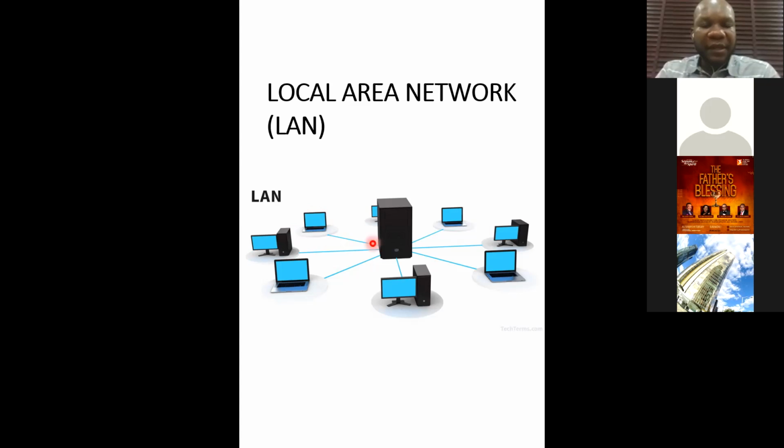So the users of these other computers now need to open their browser and type in the IP address of this computer that has the web application installed. Okay. Now don't forget that because they are on a network, they all have an IP address.